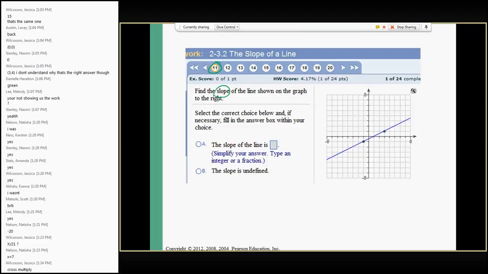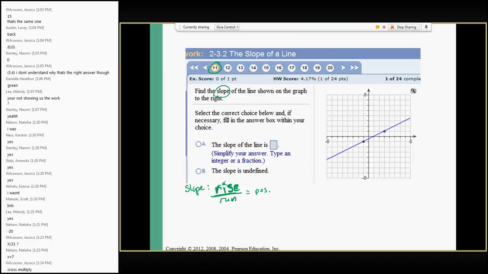Very good. Let's do rise over run. Slope is rise over run. Tell me, are we going to get a positive answer or a negative answer? Whoa, we're going up from left to right, so it's going to be positive for this problem.